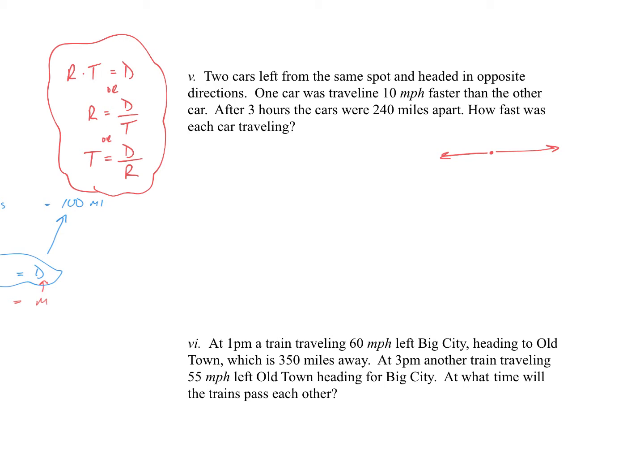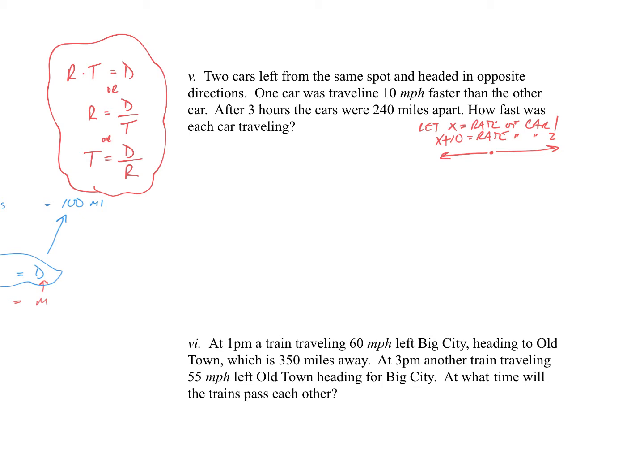So this is talking about rate. If I say that X is the rate of 1 car, then X plus 10 is the rate of car 2. All right, so one's going 10 miles per hour faster.